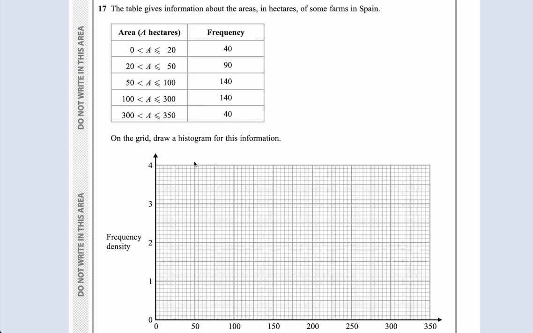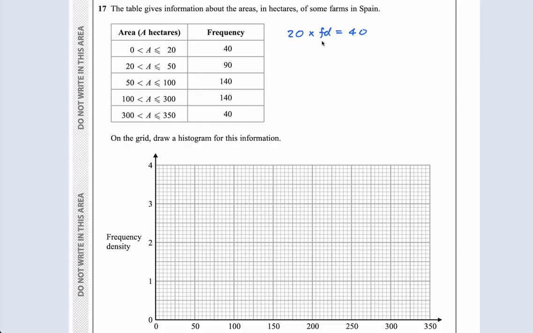So what we do is we say the length of this, which is 20, just for the first one. 20 times, let's call this FD for frequency density, 20 times the frequency density has to equal 40.